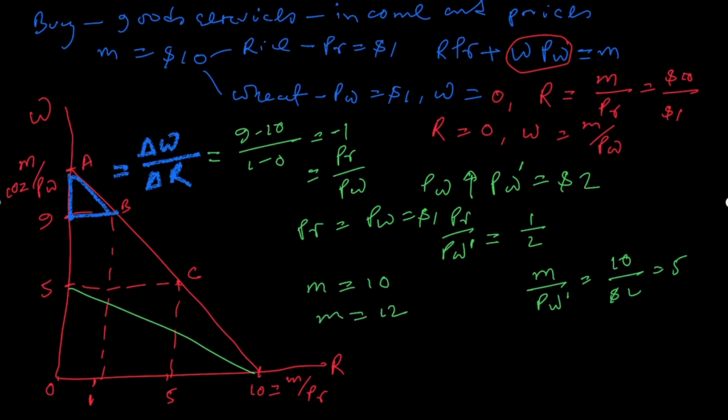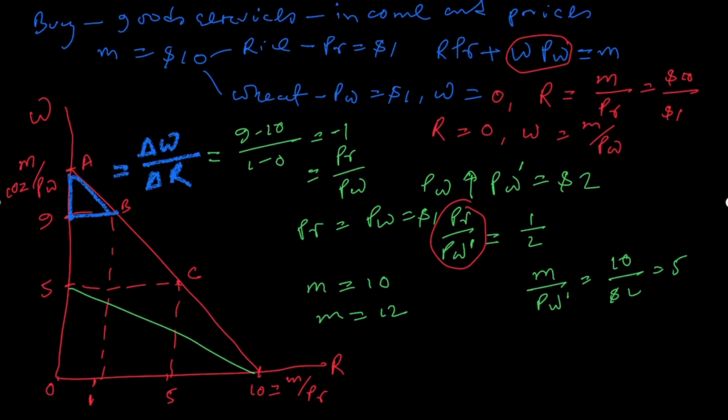What would be the change from increasing income? The relative price, PR by PW, is not affected by changing income. The only factors affected are the intercepts, M by PR and M by PW.